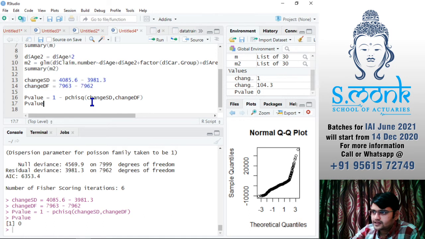Okay, and then p value is going to be chi-square, change in degree of freedom greater than our SD value, and because in R this gives us less than value, that is why I have done 1 minus. Okay, and if p value is less than 5%, then model 2 is better than model 1. If p value is greater than 5%, then model 1 is better than model 2.